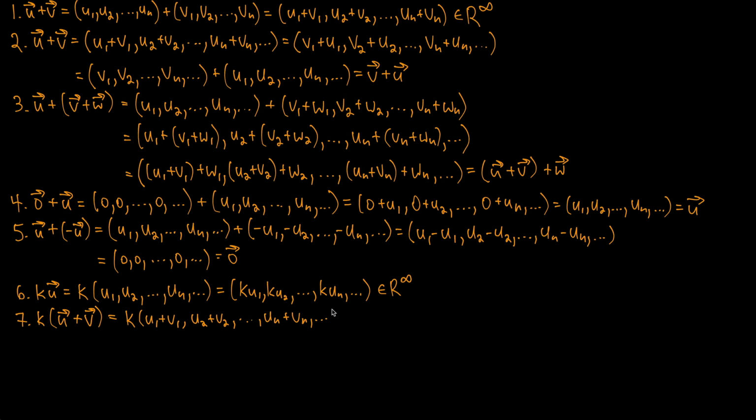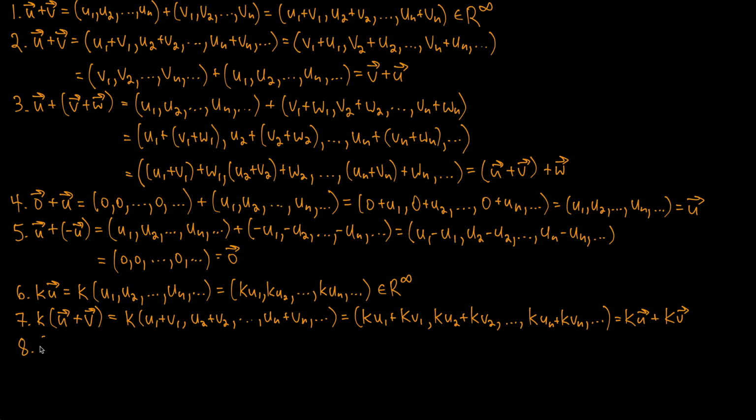Oops, I have to keep going. It's infinite after all. So that's k times u1 plus k times v1, because we can distribute, because these are all real numbers now. So k times u2 plus k times v2, k times un plus k times vn, which is just ku plus kv. Okay, so that distributive property works. Let's look at the other one.